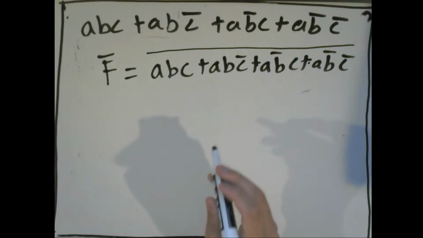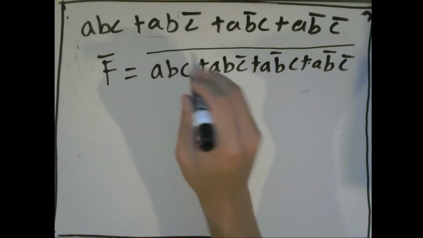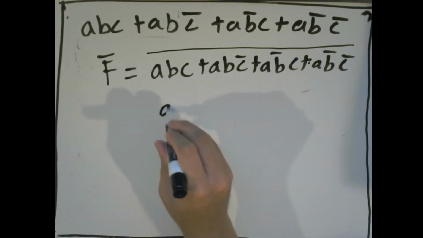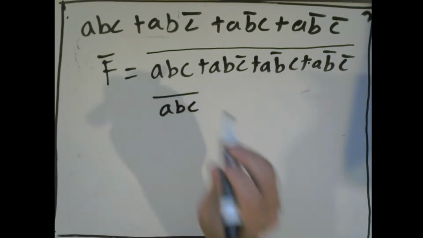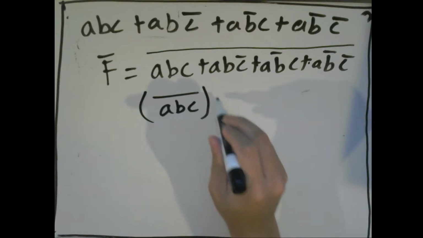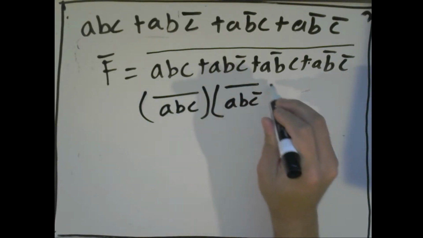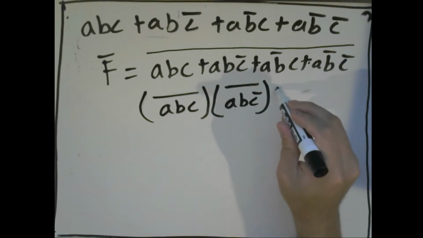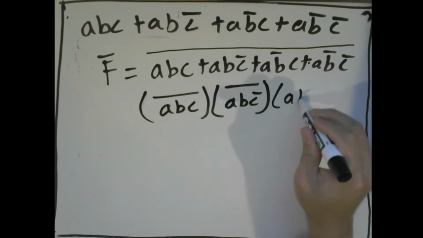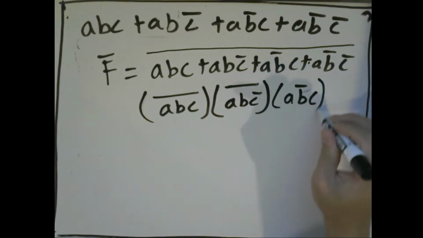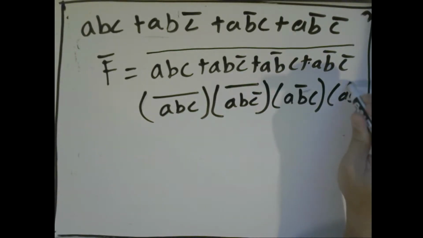I want to change these to ands. So I'm going to break the line and change the sign. So this ABC is going to become inverted. And then right here, we're going to have A, B, C naught, all inverted. And then A, B naught, C, A, B.